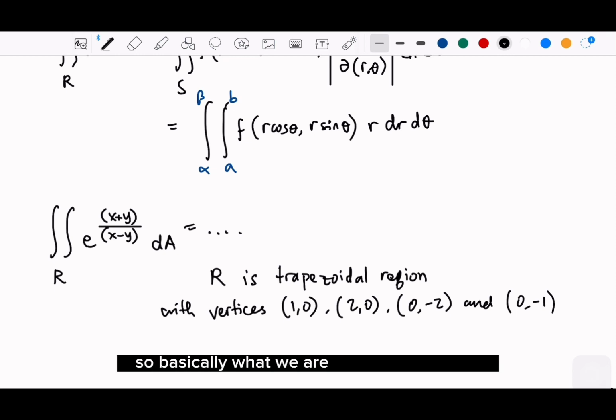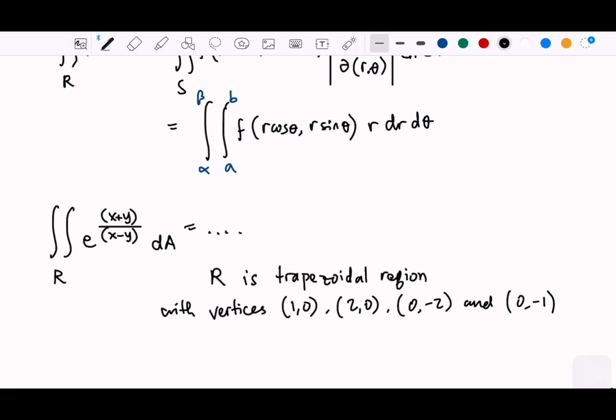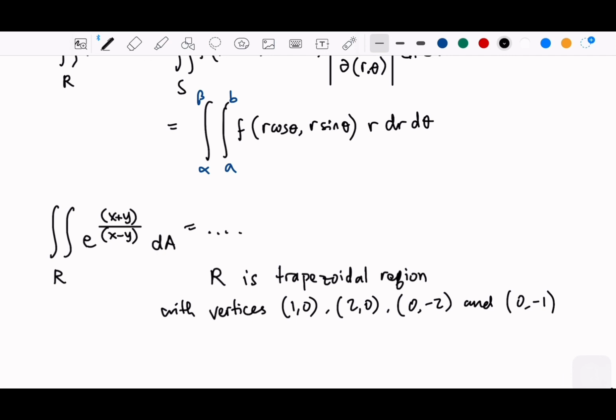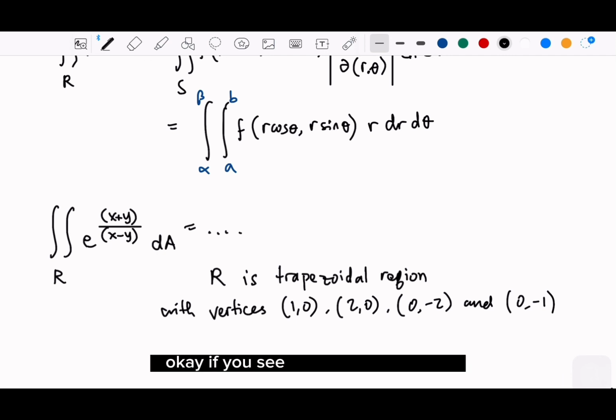So basically what we are going to transform is what we are usually looking at, the region, the area. In the double integral, that area we usually determine with dA or dx dy. If you look at this integral, you see we have some complications in this exponent, the power, right?